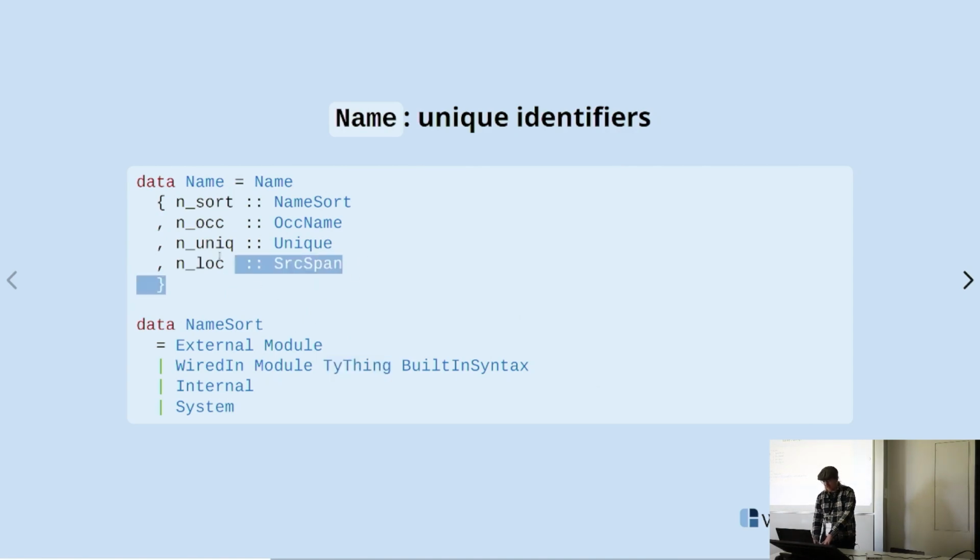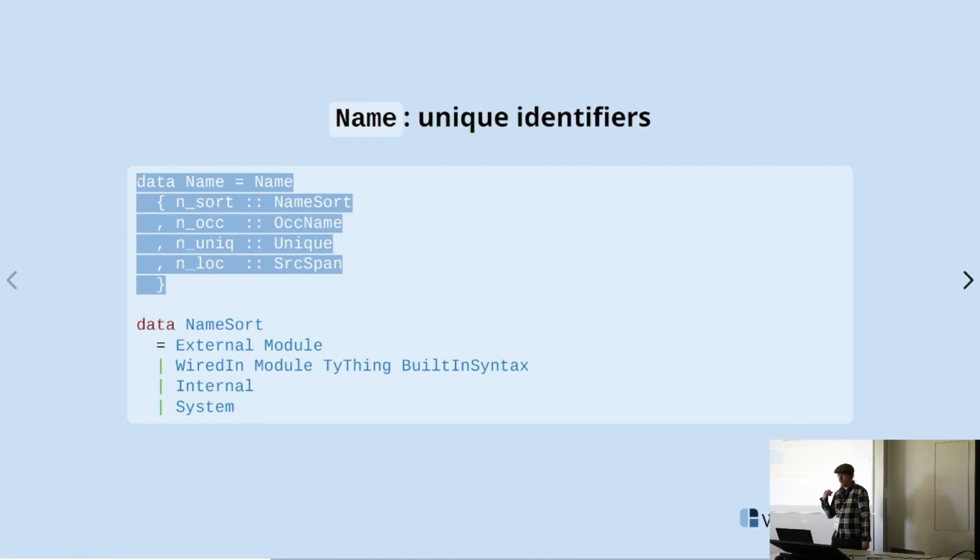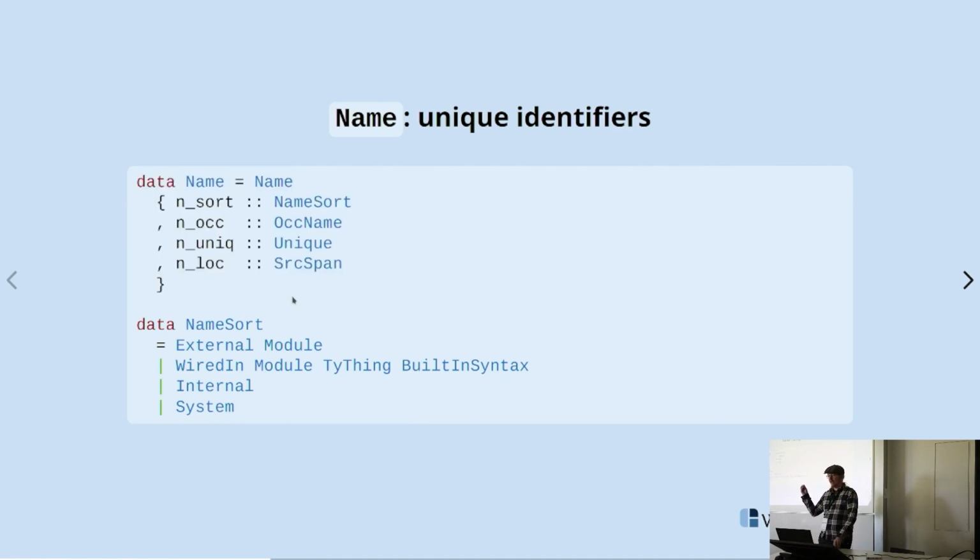But the main thing is that Name is what the renamer is going to create, and it does that by finding out exactly what each occurrence refers to, and once it's figured that out, it gives unique identifiers to everything and says, okay, this was x17, this was x37. And when you're looking at Core, by default, you're going to get these uniques printed out, attached to everything, which tells you exactly what variables you're referring to.